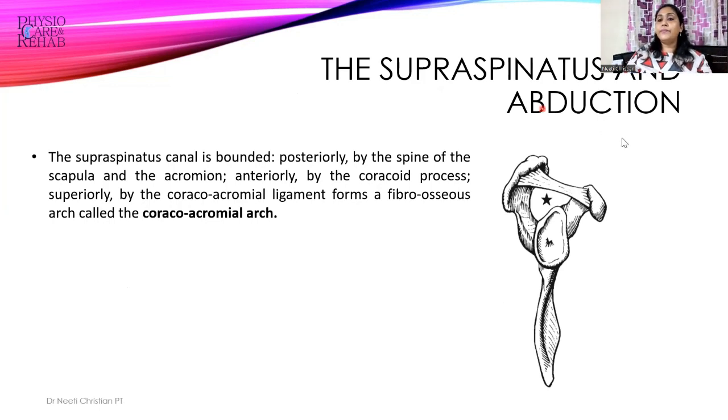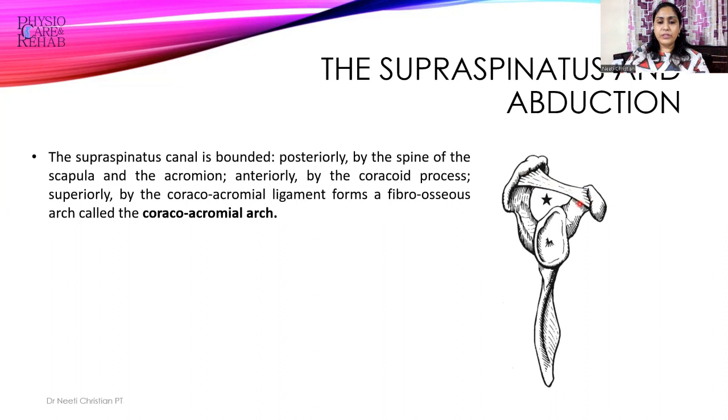To understand the tear and how exactly it happens, before that, let's see what the coracoacromial arch is. Here you can see this image. The supraspinatus canal is bounded posteriorly by the spine of scapula and acromion, anteriorly by the coracoid process, and superiorly by the coracoacromial ligament.